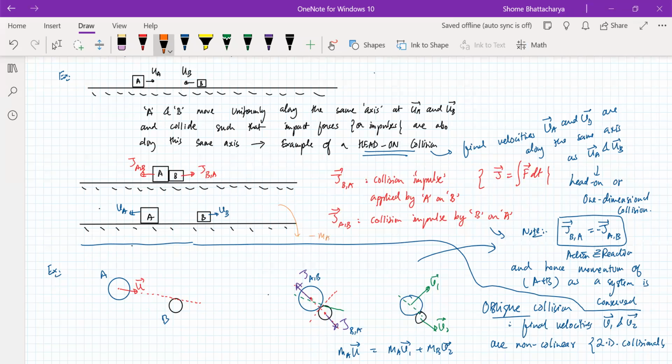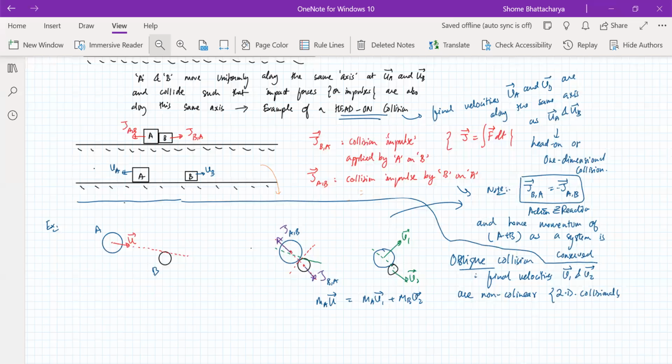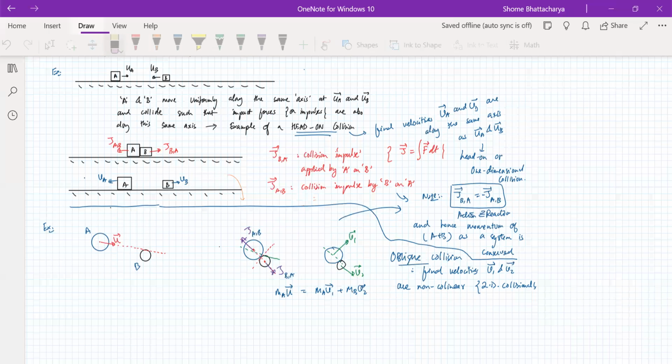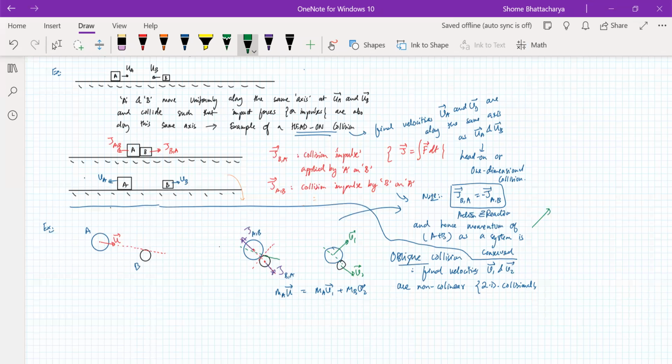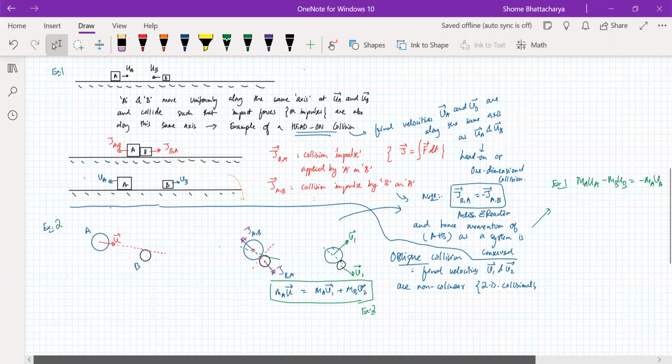Conservation of linear momentum for the first example will give us MA into UA minus MB into UB is equal to minus MA into VA in my diagram plus MB into VB.